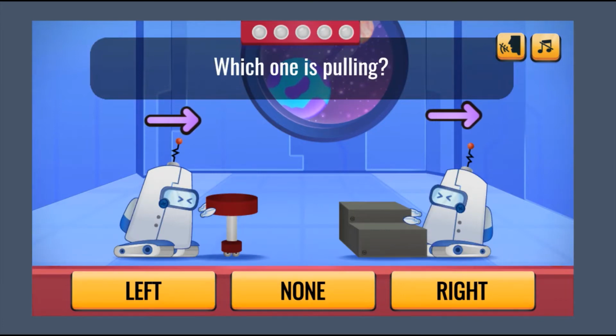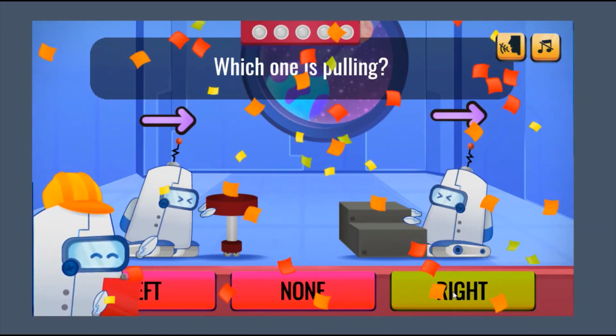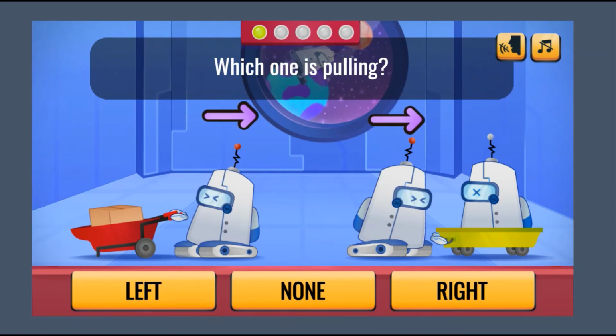Which one of these two robots is pulling? The one on the left, the one on the right, or none? I'll give you 5 seconds to think of your answer. Correct, the correct answer is right. Good job. Let's go to the next question.